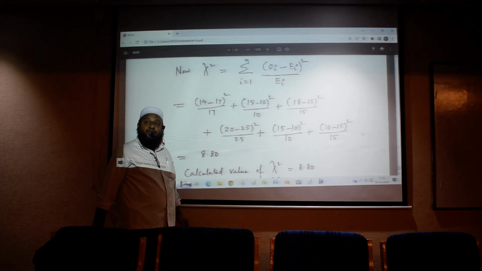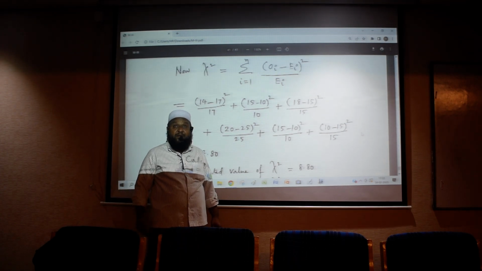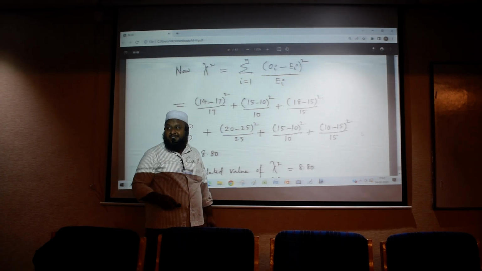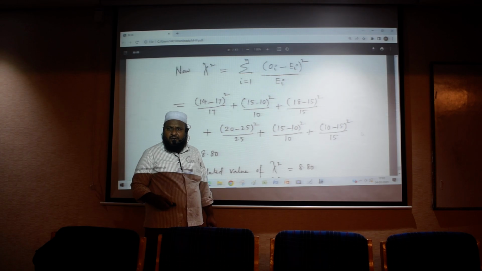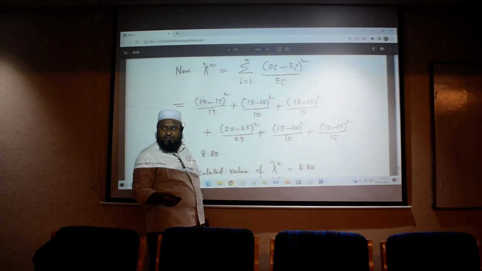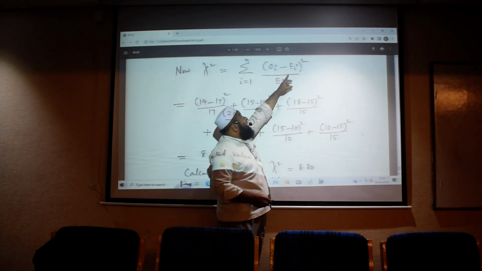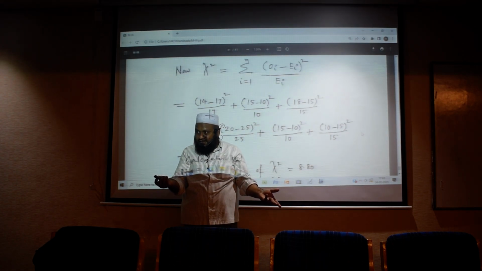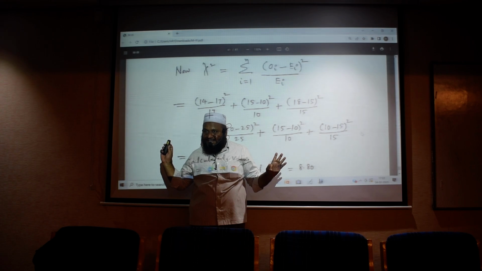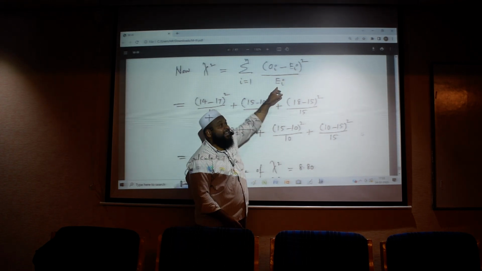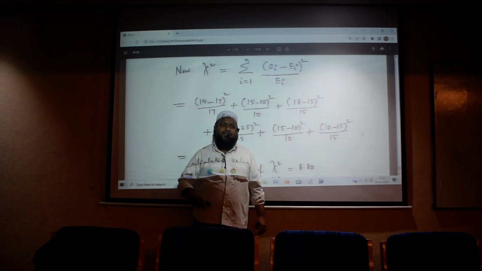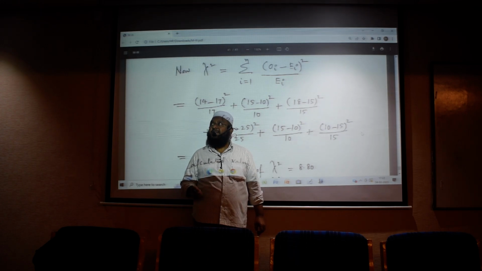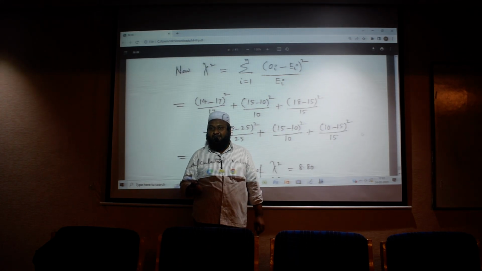How do you remember this one? That's the question. In the examination, even if you take Ei minus Oi, however you are squaring, it is the same value. So the numerator is not an issue. The issue is the denominator, Ei. You may forget, and in the examination you get a doubt whether it is Ei or Oi.